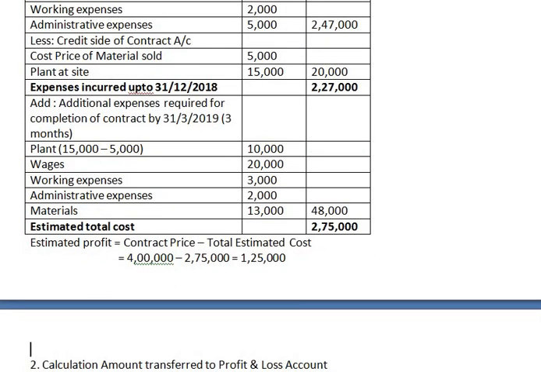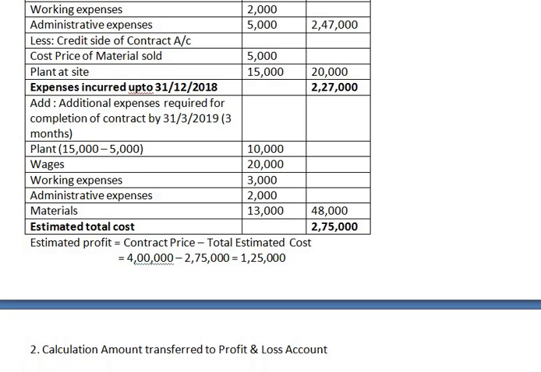Now next working note is calculation of amount transferred to profit and loss account.